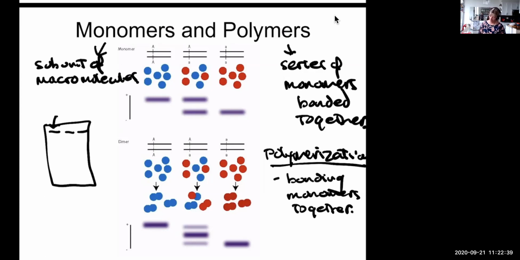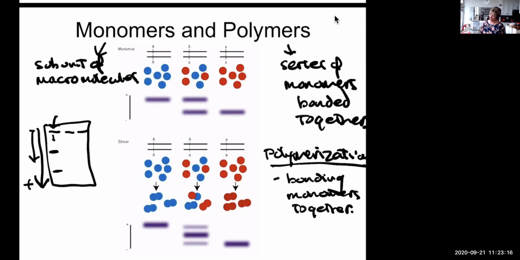And then there's an electric current, generally from negative to positive. So something that's negatively charged, as DNA is, will travel in this direction. And the smaller particles, because they're smaller and they can wind through the agar more easily, end up being further down the gel. And the larger particles tend to be up here. And that's how chemicals can be separated and identified often.